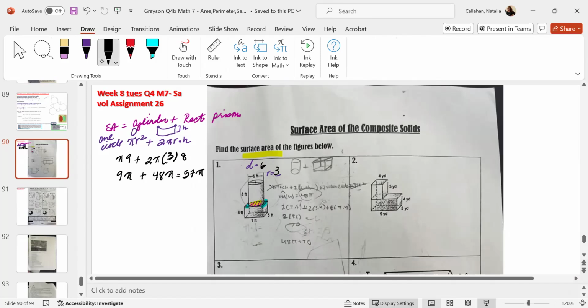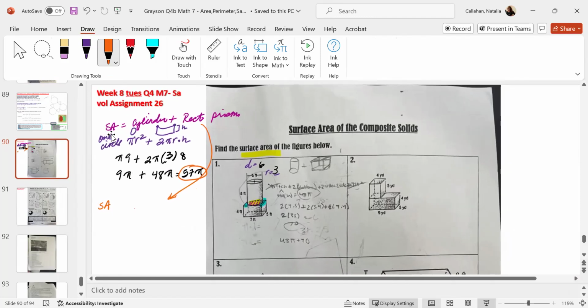Okay, next, you're going to think about the rectangular prism, right? This is your cylinder. Now with a rectangular prism, surface area, you got to think about how many faces are there. We got a left and right. And do you see how the left and right is going to be this triangle right here?